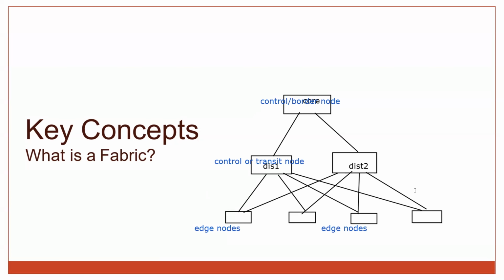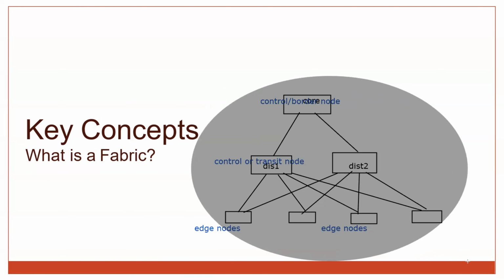Now, this arrangement that you are doing within the campus area network or LAN, with control, border, transit nodes and edge nodes, the entire system, the physical hardware connectivity, you are doing one time, right?